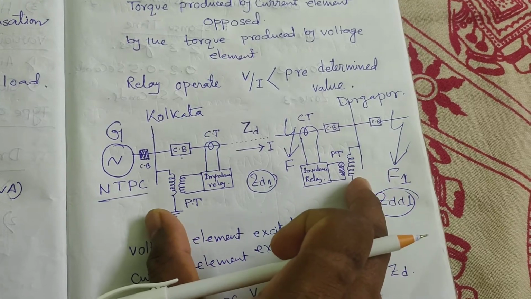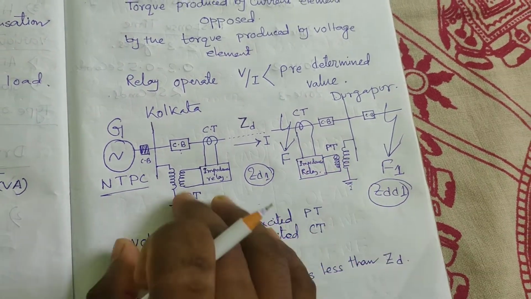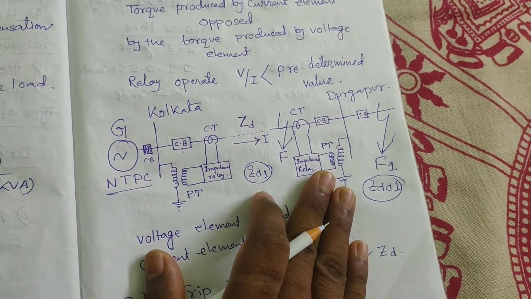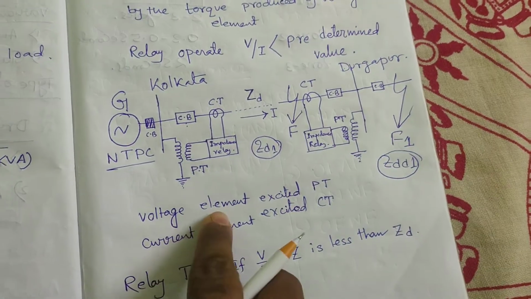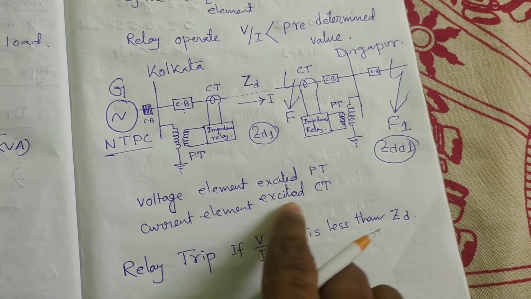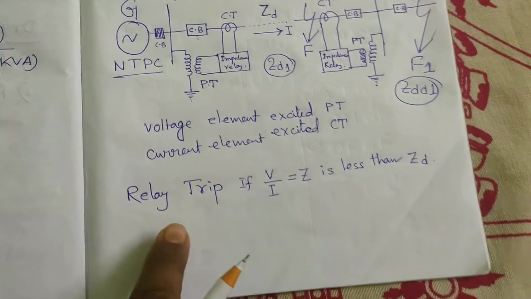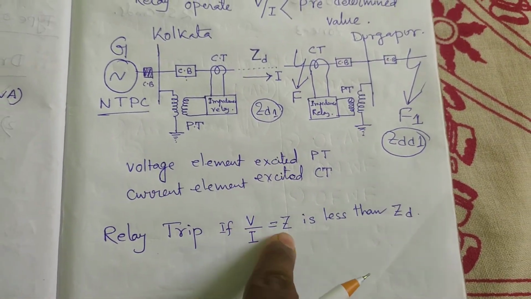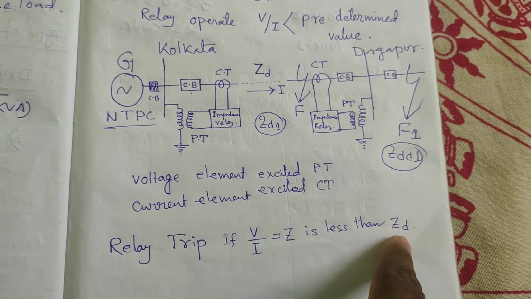So the distance relay is calculating by the help of the impedance of the line. So it is very important. The voltage element is excited by the PT, and the current element is excited by the CT. So the main basic thing is the relay trips if V by I equal to Z is less than ZD.